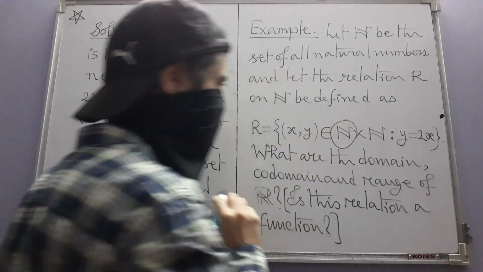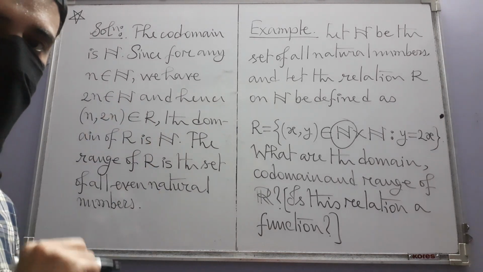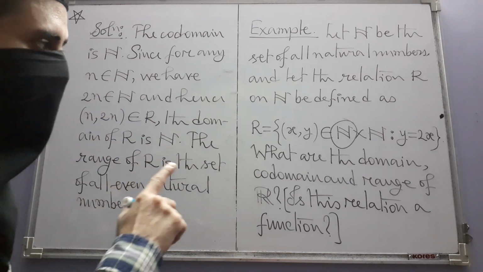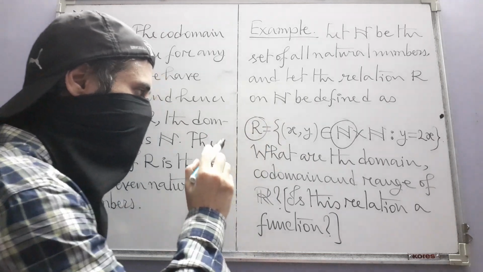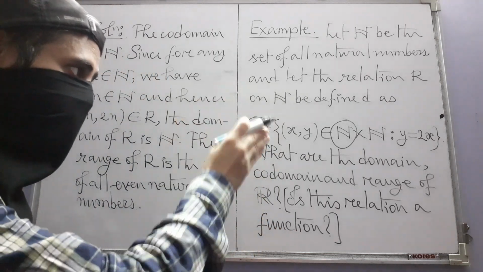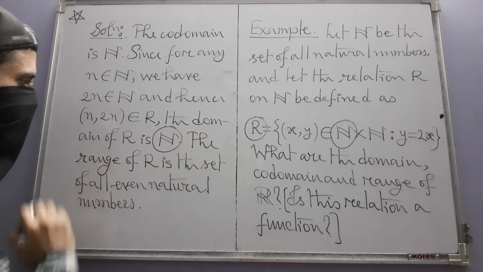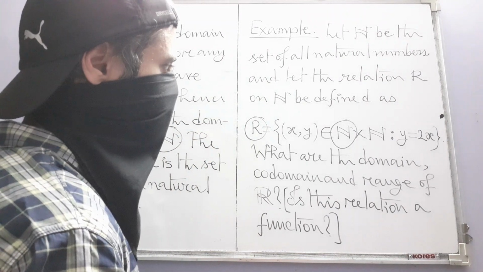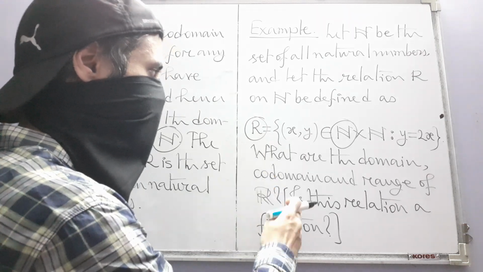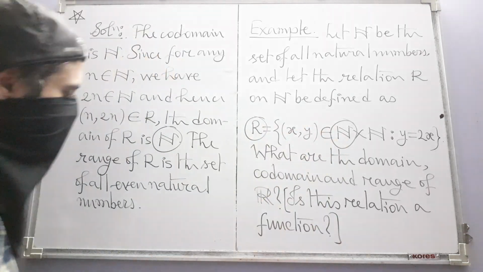In other words, you recall the alternate formulation of the definition of function, where we said that for a relation to be a function, the domain should be equal to the first set. That's the case here, right? The domain is N. And each element from the domain should have a unique image.